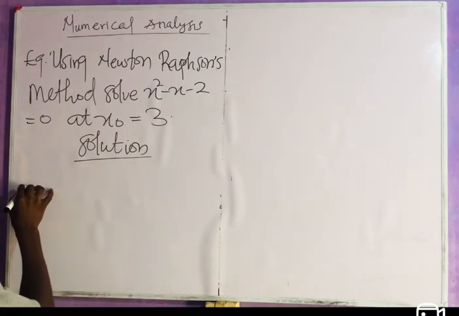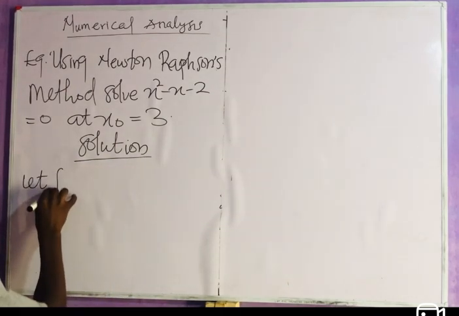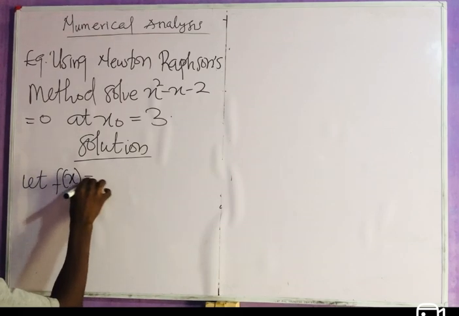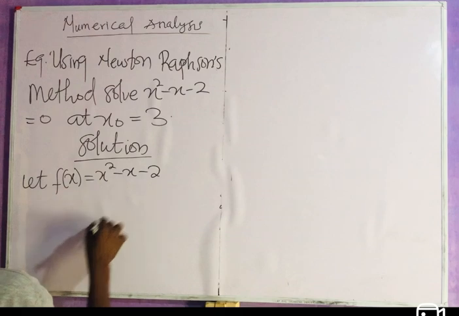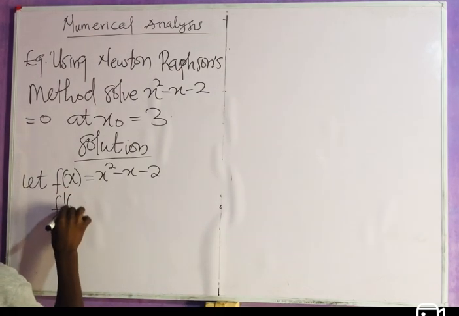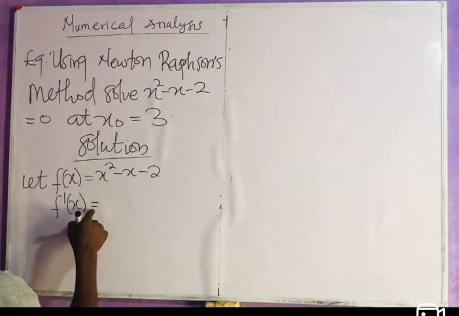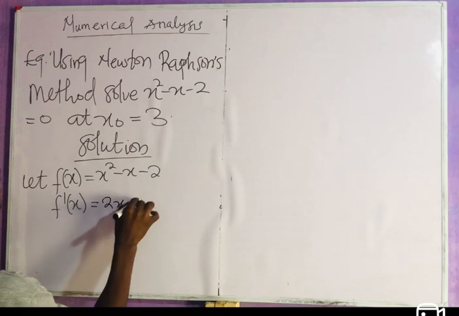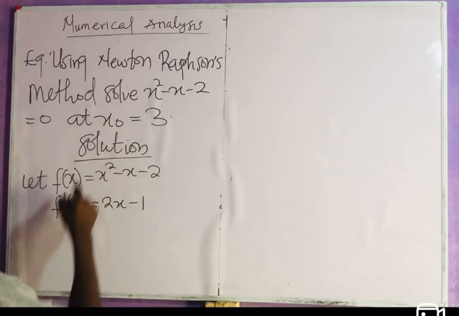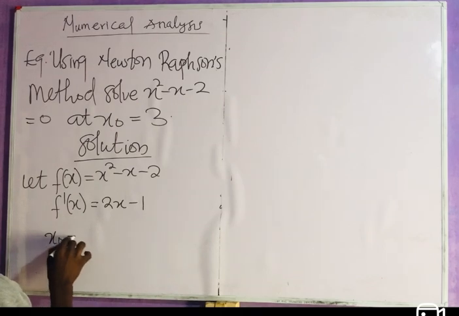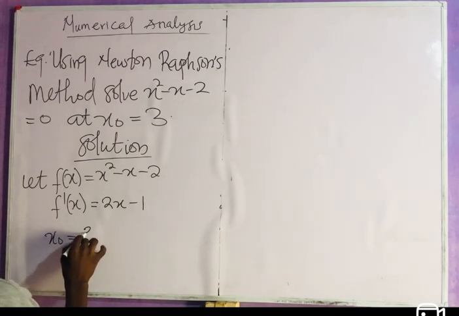So first I have to say let f of x equal x squared minus x minus 2. So we take f prime of x and we are getting 2x minus 1. These are the two things. After this, you have your formula. But the initial guess will always be given, which is x naught equals 3.